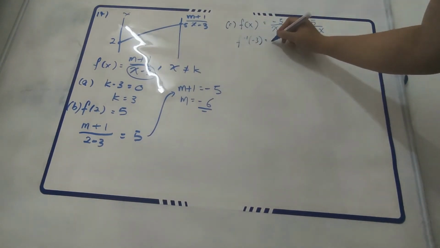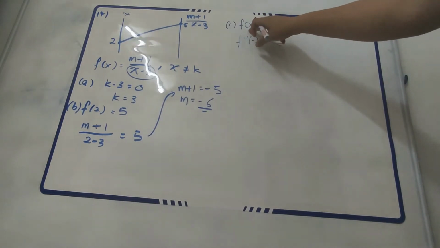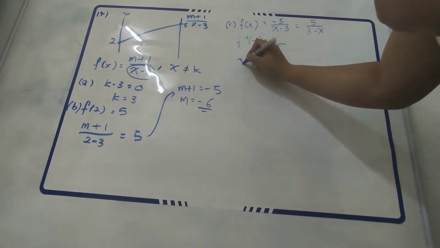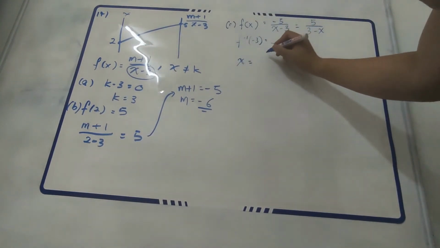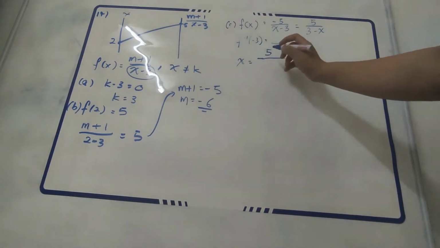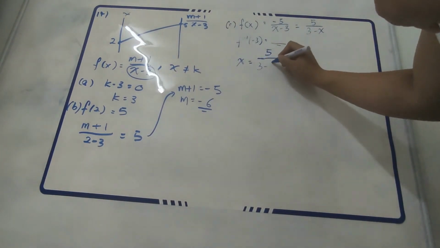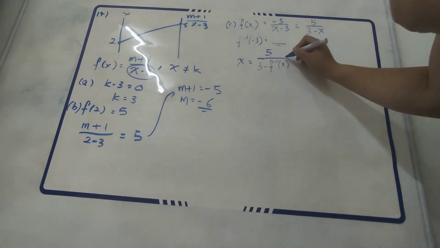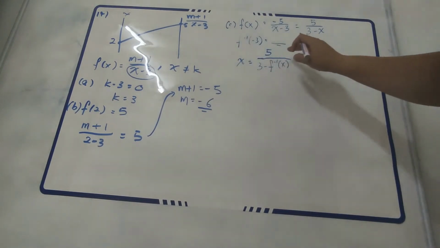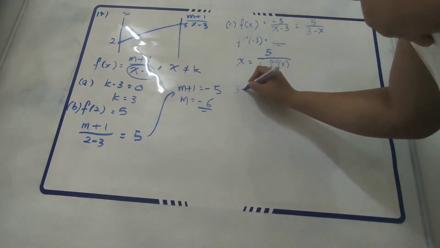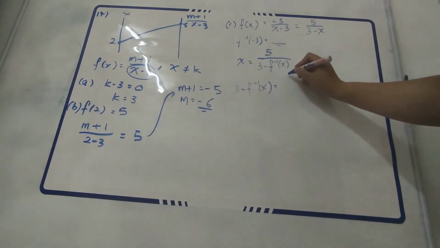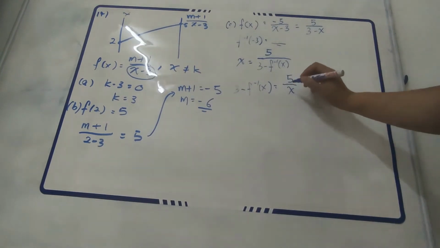To find this, we need to change the function f into the inverse function of f. So your f(x) becomes x, and then your x becomes the inverse function of f. The denominator you move to the left hand side, 3 minus f inverse, equals 5 divided by x.